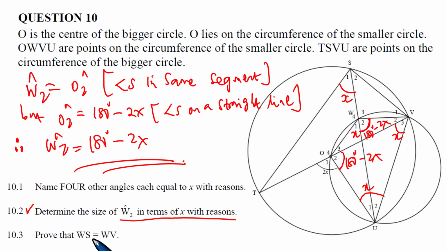Prove that WS is WV. We have 3 marks. You have rather 3 minutes, excuse me. Too easy. You have 3 minutes.